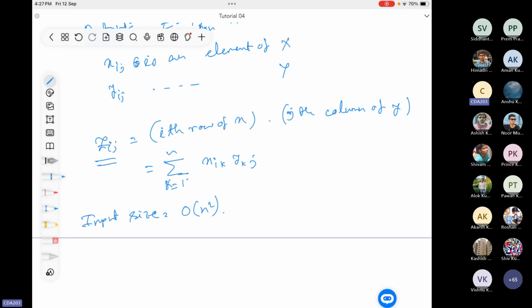So we are basically doing n multiplications of integers and adding them. So this step takes order n time. And how many elements are there? Order n square. Input size is order n square because you have n square elements there.